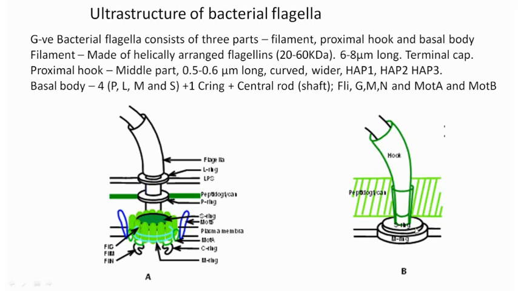It holds the hook region. The hook region arises from the S ring, and it passes through the peptidoglycan layer and is a little bit exposed, and after that the filament is present. The hook is a little bit like a funnel in the case of the gram positive flagellum.